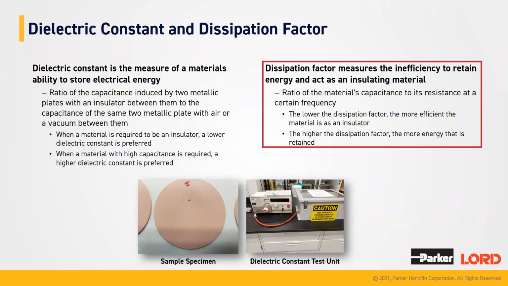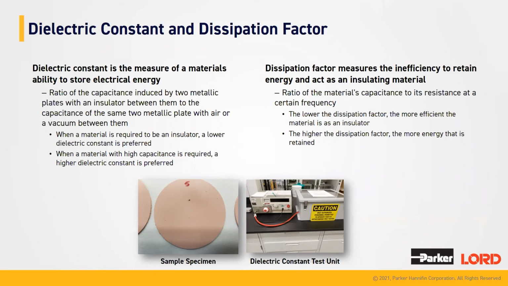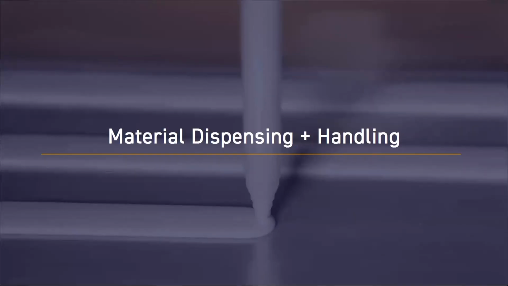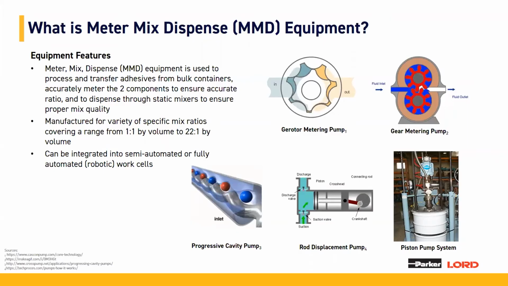When recommending material, the lower the dissipation factor, the more effective and efficient the material is as an insulator, and the higher the dissipation factor, the more that energy is retained. And you can see below a sample of the specimen that are used in these tests, as well as the dielectric constant test unit. Now next, we'll move on to material dispensing and handling.